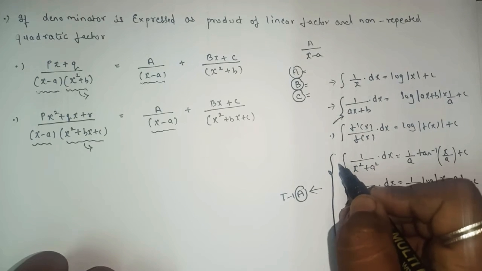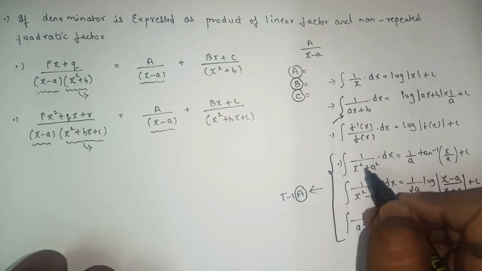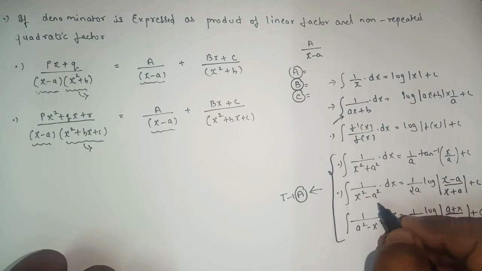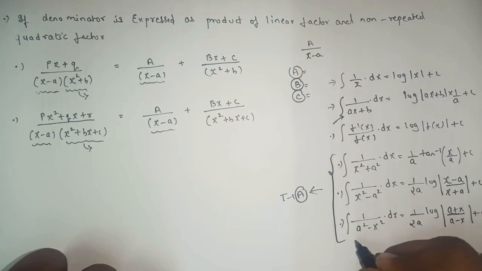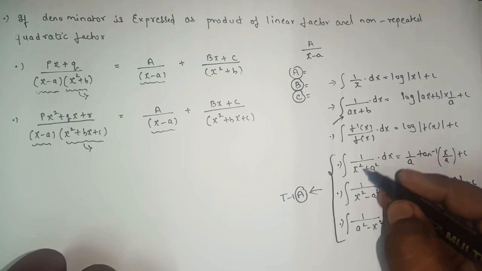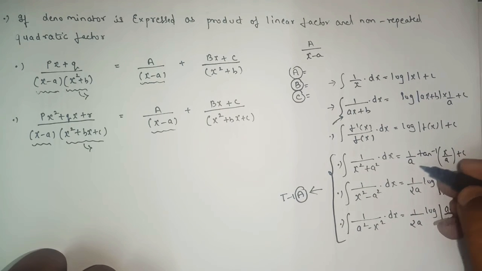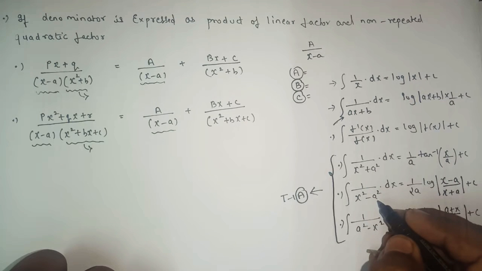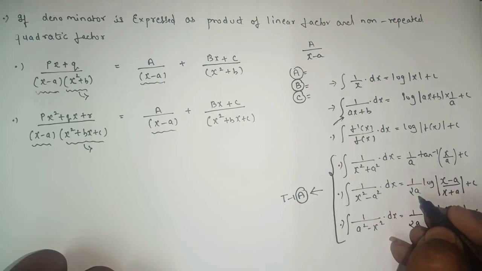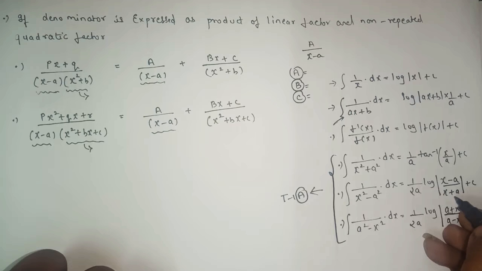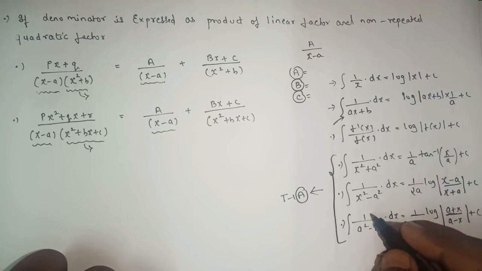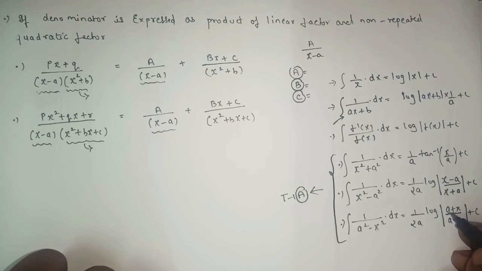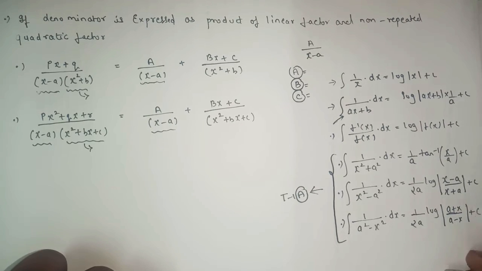Sometimes you will see integration of 1 upon x square plus a square, sometimes 1 upon x square minus a square, or 1 upon a square minus x square. 1 upon x square plus a square is 1 upon a tan inverse x upon a plus c. 1 upon x square minus a square is 1 upon 2a log mod x minus a upon x plus a plus c. And 1 upon a square minus x square is 1 upon 2a log mod a plus x upon a minus x plus c.